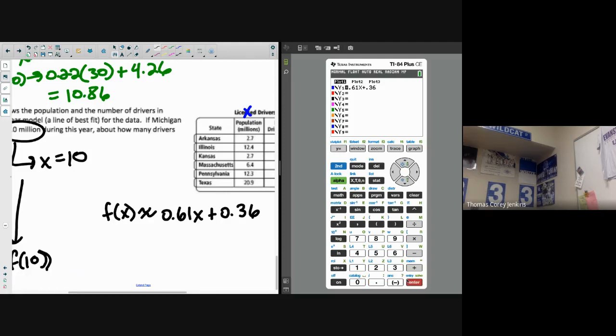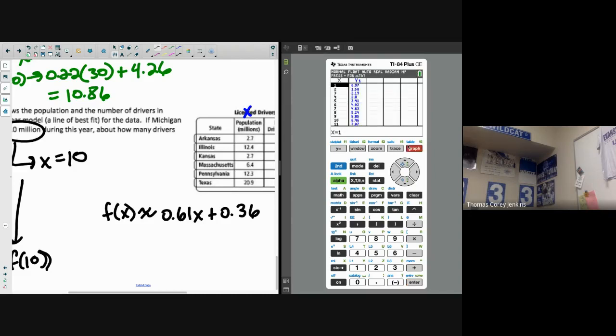All right, once you have that, you can look at the graph, but we don't really need to. We're going to look at a table of values, okay? So I'm going to hit second graph. And mine is messed up, so let me fix it real quick. We'll go through how to do all this tomorrow. But this is going to be on auto for you guys, so you won't have to do this step.